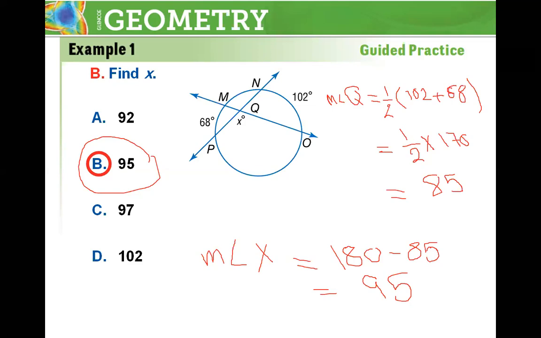But if you talk about X, X and Q are supplementary, which means their sum equals 180. So we subtract the measure of the given angle NQO, which is 85, and we get 95. This is our lesson today.